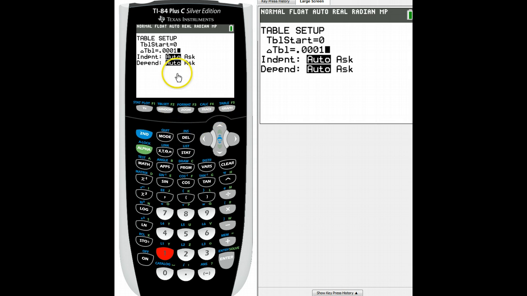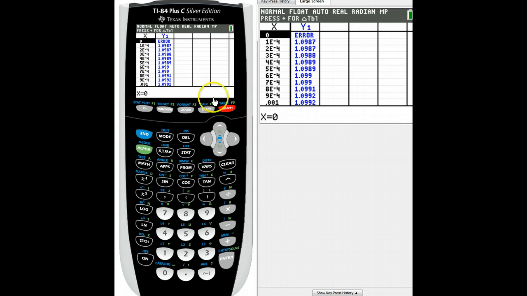Once we put these values in, to see the actual table, table is the second function of graph. So we hit second and then graph, and you can go up because we're trying to see what's happening to the left and to the right. So now 0 is our starting point, and we're going up in increments of 0.0001. We can see that we are getting closer and closer to the same value on each side.